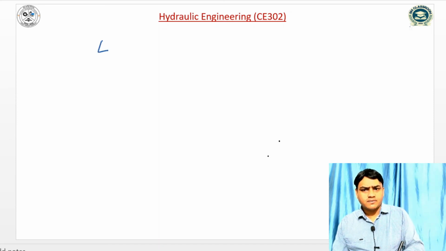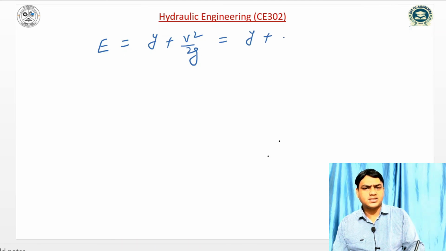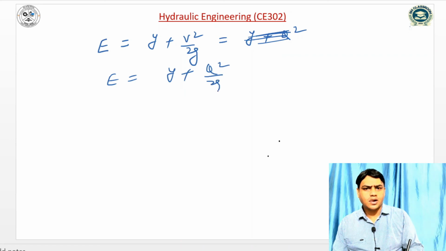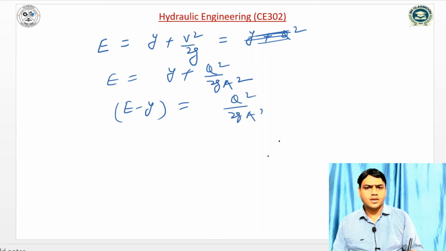We know that specific energy is equal to y plus v square by 2g. Velocity can be written as Q by A, so E is equal to y plus Q square by 2gA square, or E minus y is equal to Q square by 2gA square.